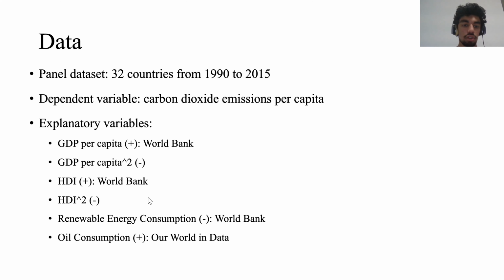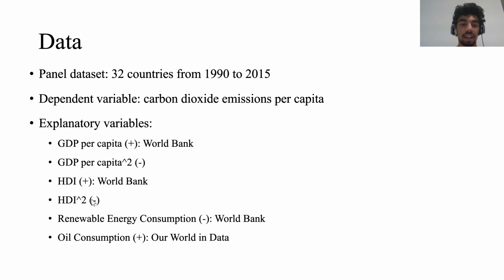Additionally, I've included 2 transformed variables of GDP per capita and HDI, where I have squared the variables. This is meant to represent the second half of the environmental Kuznets curve, and this also indicates why there is a negative sign.